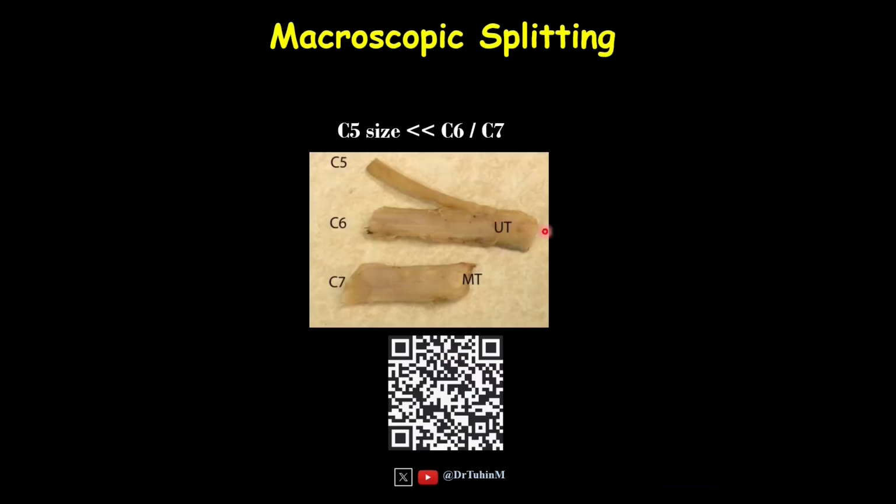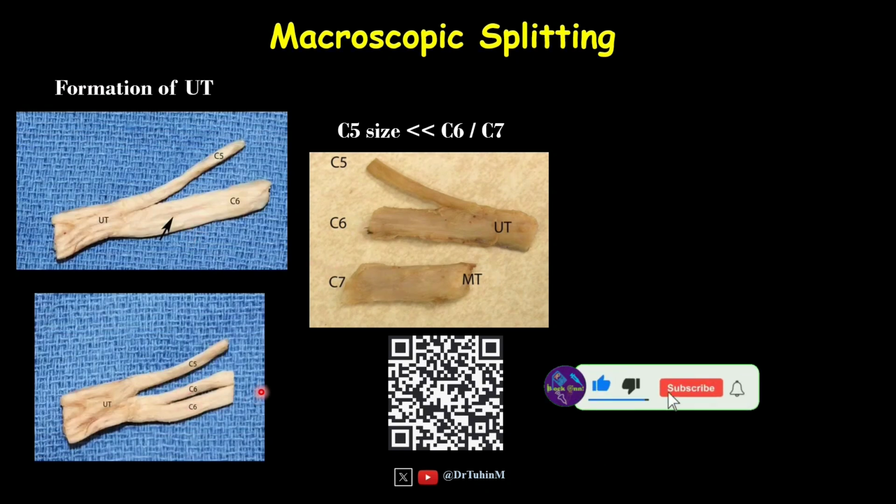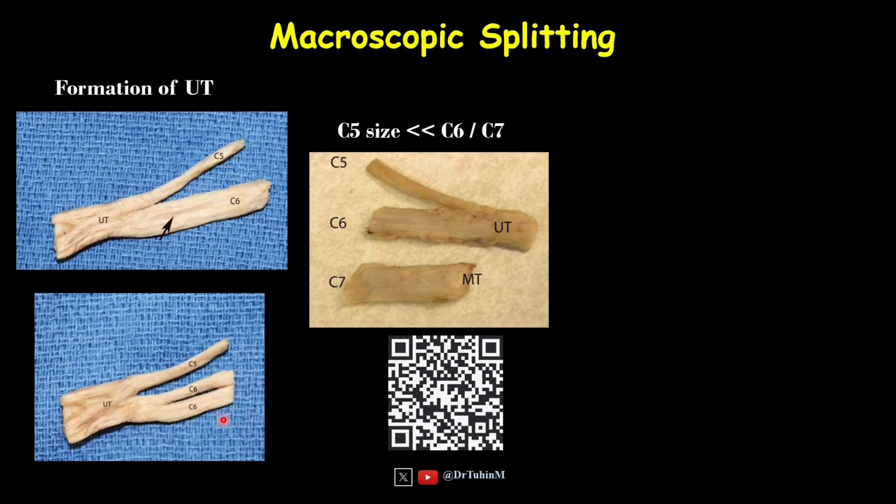C5 is significantly smaller than C6 and C7 ventral rami, and it rarely shows any macroscopic evidence of splitting. In contrast, C6 often demonstrates a macroscopic bifurcation into two fascicles, which is frequently mistaken for separate ventral rami as C6 and C7.